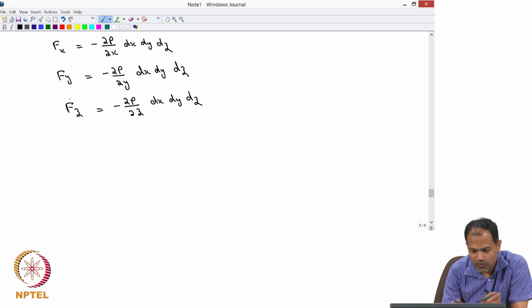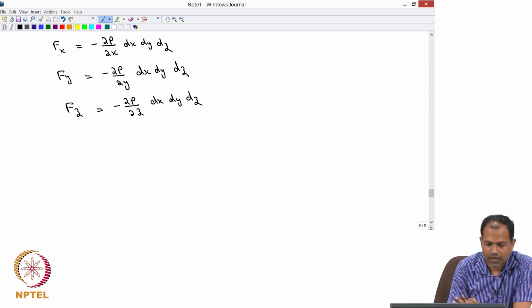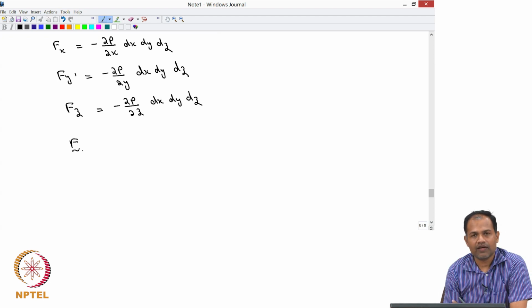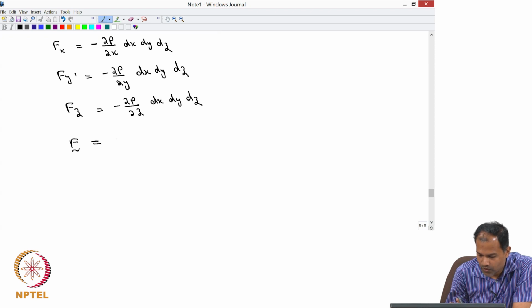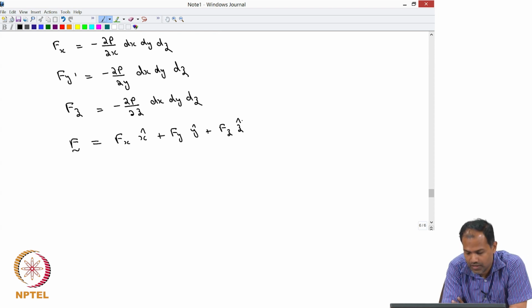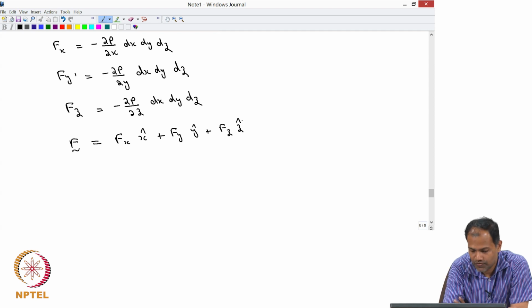I want to write force as a vector. This is the component of force in x direction, fy is the component of force in y direction and fz is the component of force in z direction. So, I can write the net force, with a squiggle under f to mean it is a vector, as fx into x cap plus fy into y cap plus fz into z cap, where x cap, y cap and z cap are the unit vectors in each of these directions.